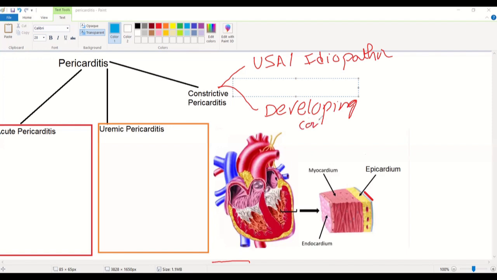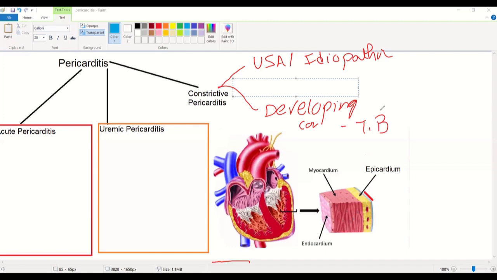TB. If they give you this kind of stuff, the patient is an immigrant from India, China, Pakistan, Sri Lanka, that is the key thing about the cause, and it will be tuberculosis, right? So in the USA the cause will be idiopathic, and in a developing country it is TB.